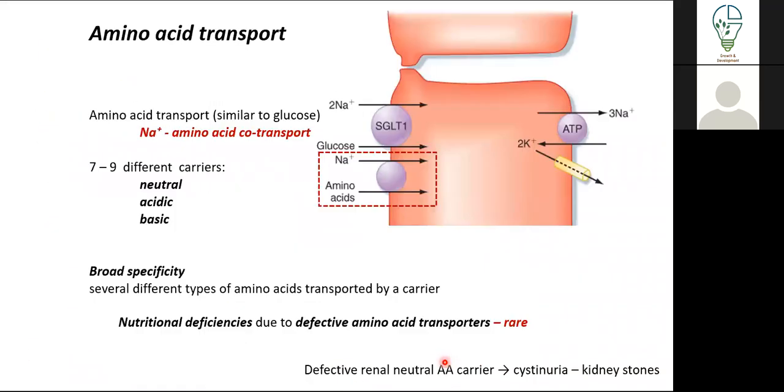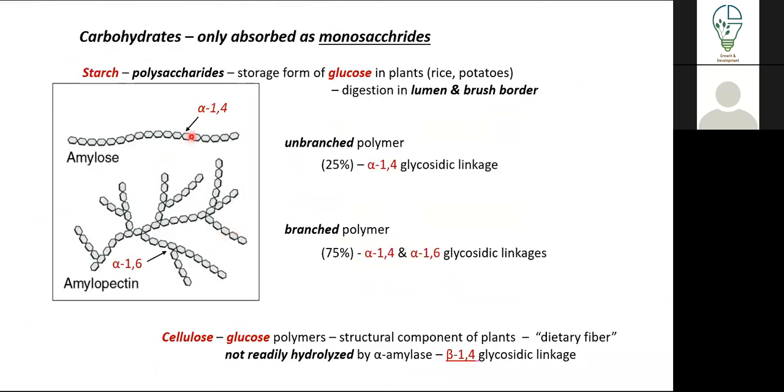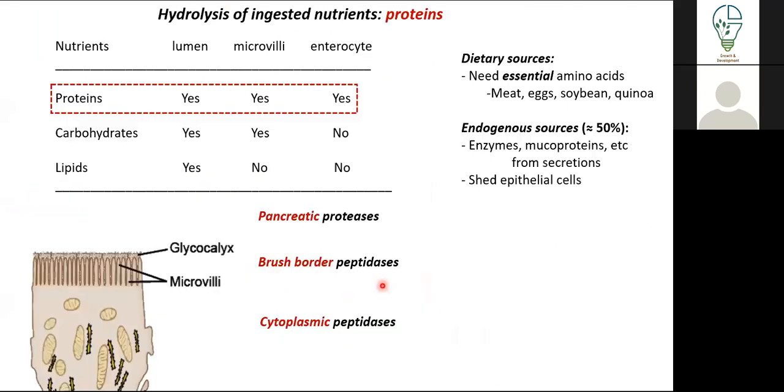If you imagine these are amino acids and these are endopeptidases, they can only break down here, not here, so they will always leave you with two or three, and not one alone.